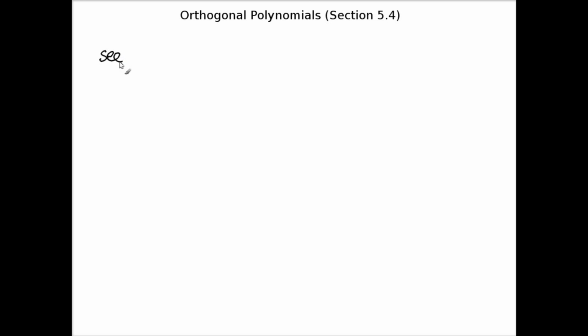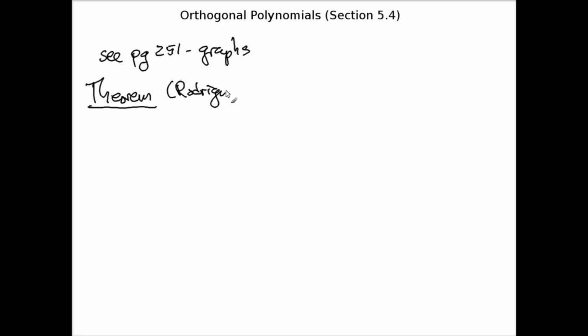You should see page 251 in the book for the graphs of the first few Legendre polynomials. And I'm just going to mention one other thing about these polynomials. There's a beautiful formula called Rodriguez's formula.